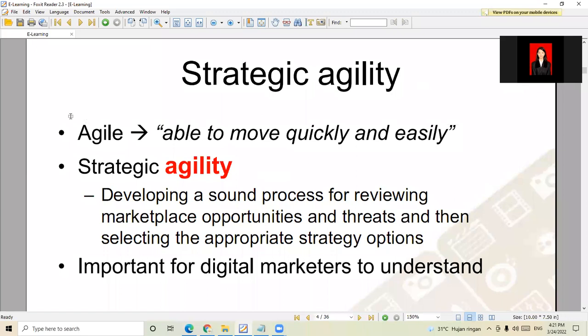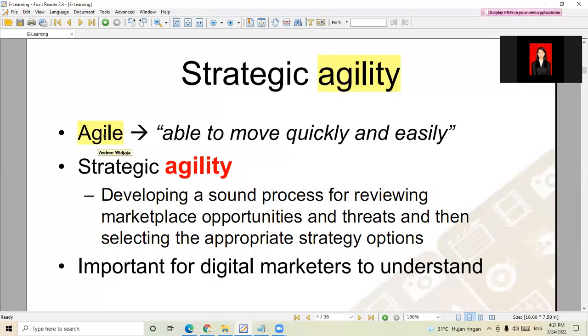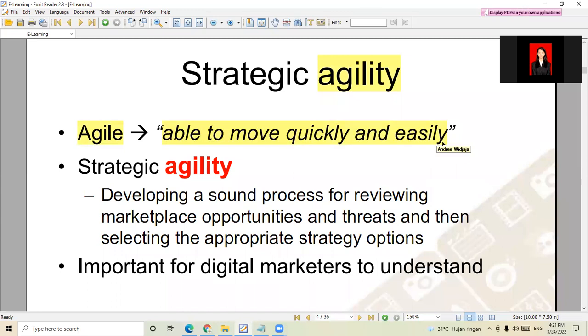The word agility comes from the word agile. Agile basically means we are able to move quickly and easily. If there is change, the company can easily adapt their strategy and also their operation. It means they are agile.